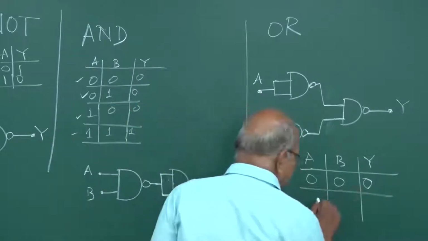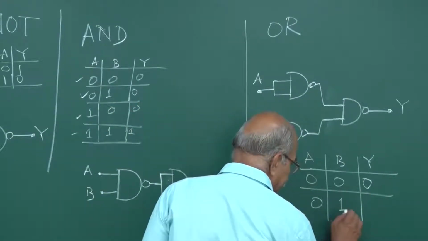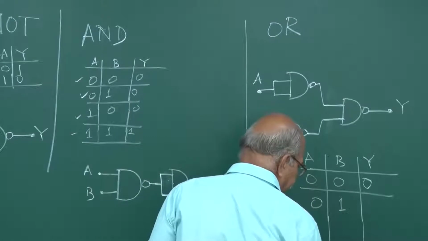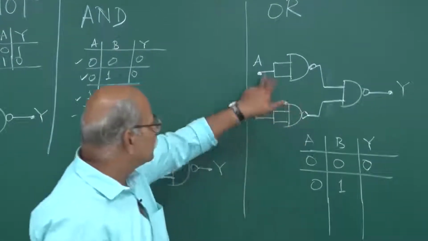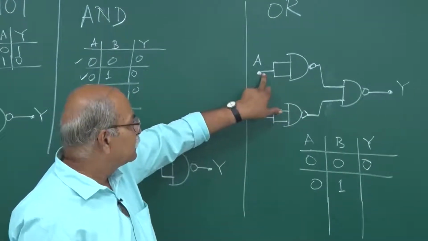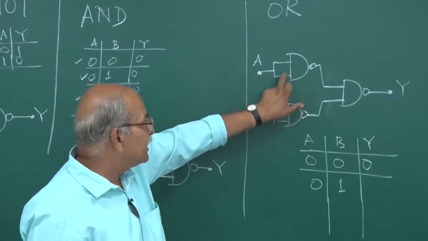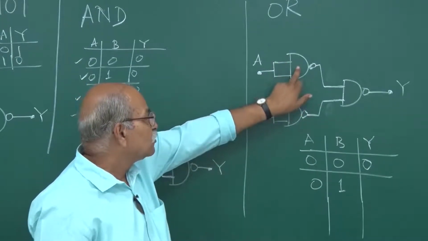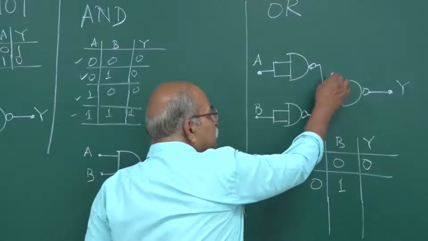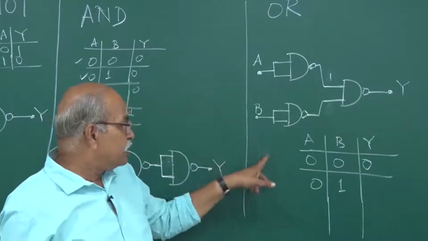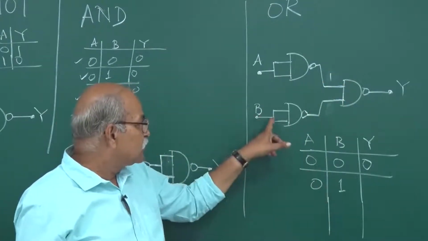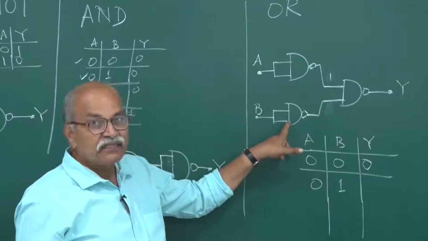Next, 0 and 1. A is 0. So this is 0. Fine. So if this is 0, this is 0, this is 0, AND gives me 0. NOT of 0 is 1. So this is 1. And from this side, B is 1. So this is 1. So this is 1 and this is 1.